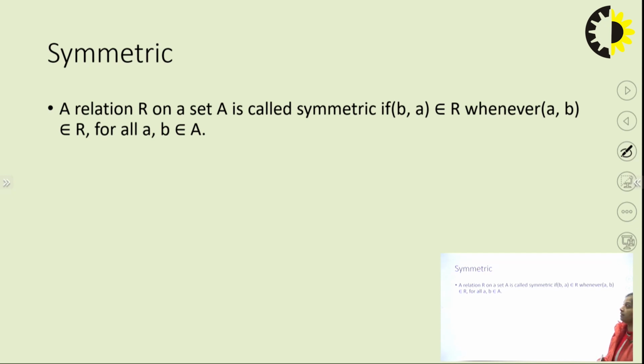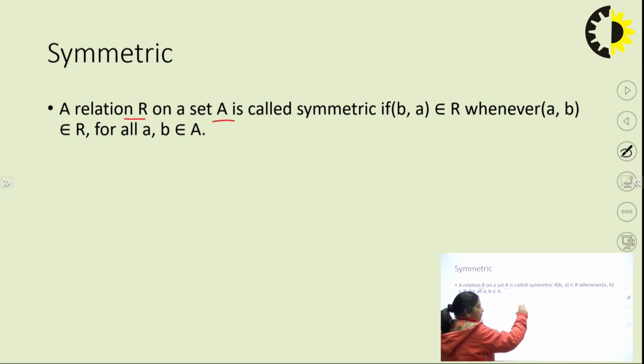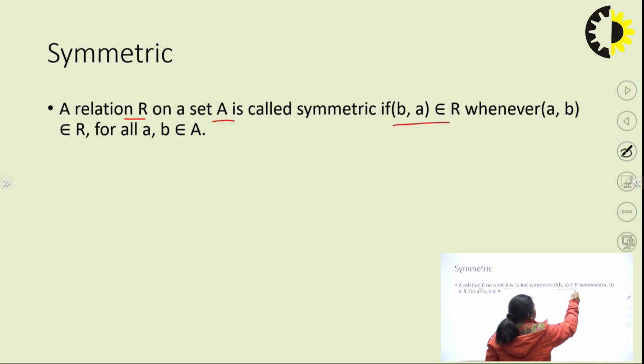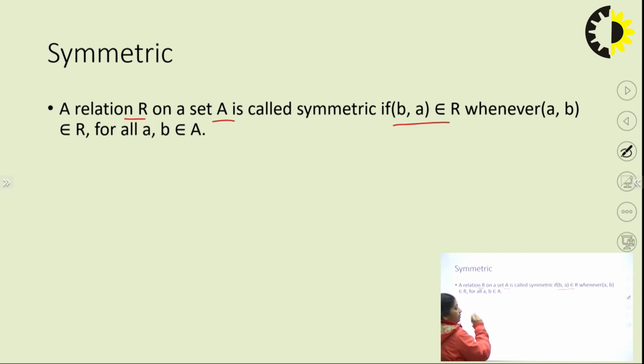Second is symmetric. What is the symmetric property? A relation R on a set A is called symmetric if (B, A) belongs to R whenever (A, B) belongs to R. What does it mean?